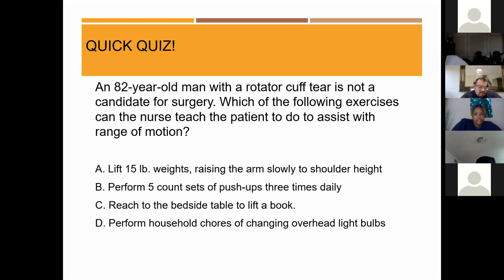Because that's putting his arm in a position where he can do more damage. So absolutely, just reach to the bedside and get a book off the bedside table, right? It doesn't seem like an exercise to you or I, but it's working out that extremity. It's keeping it mobile, okay? And it's not going to cause more stress to the injury that he's already got, okay?